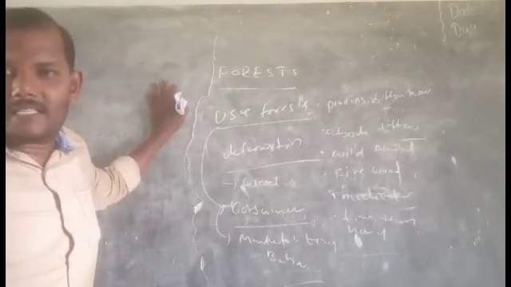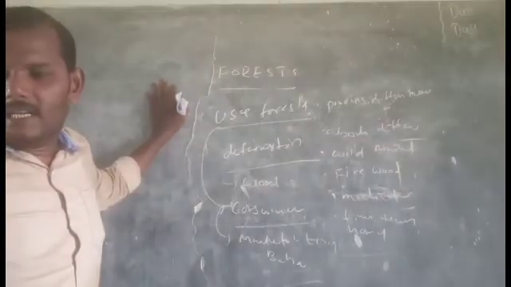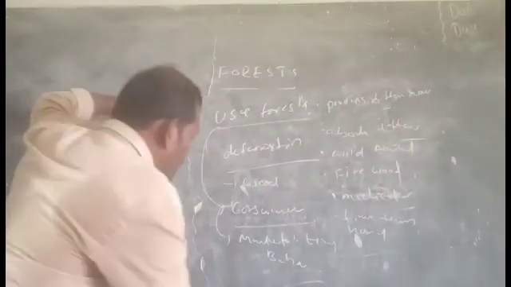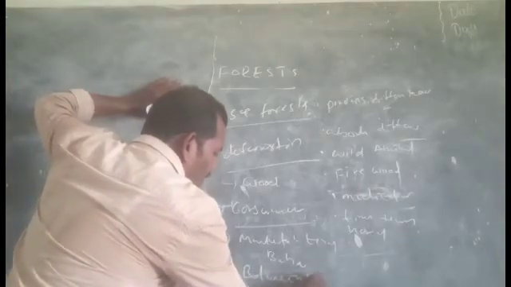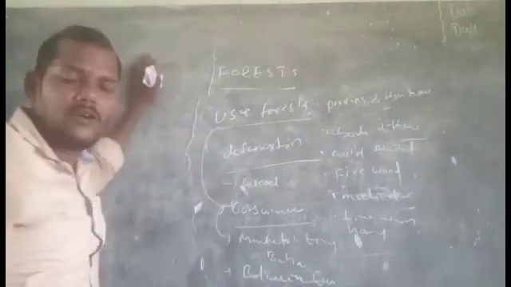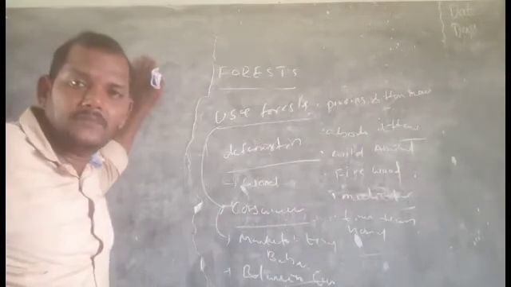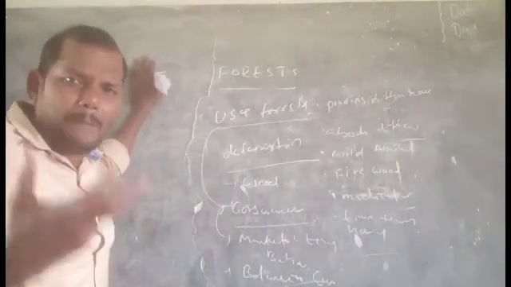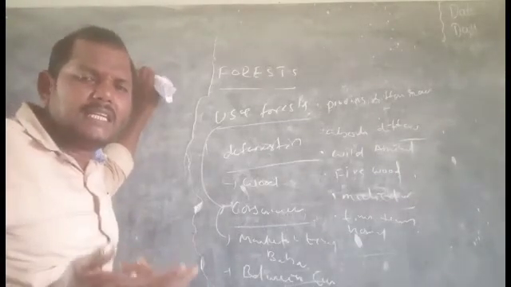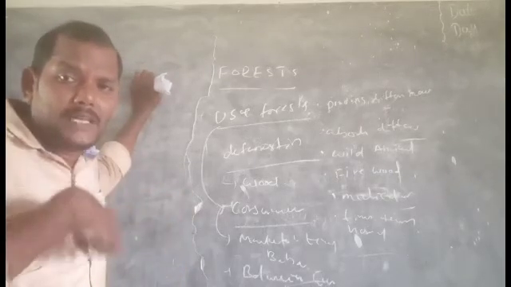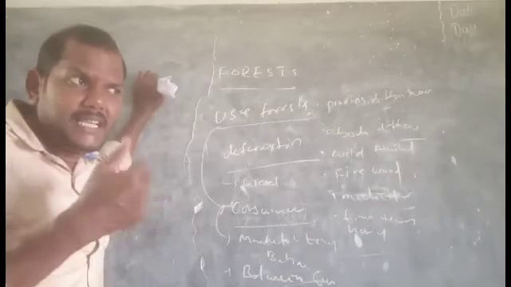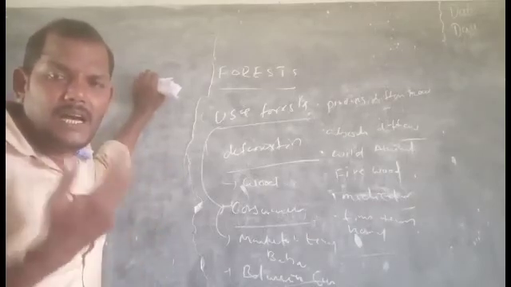And the third one is balancing the ecosystem. It is a very, very important area. Balancing the ecosystem. It means the forest consists of different plants. So these plants are absorbing the carbon dioxide which is released by human beings and animals.